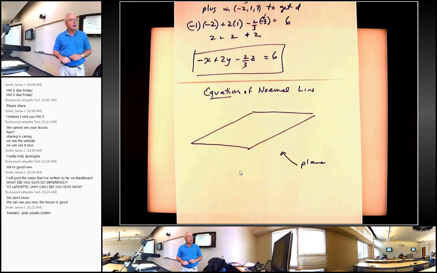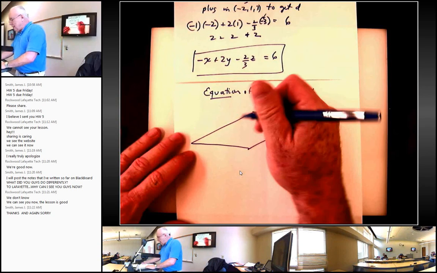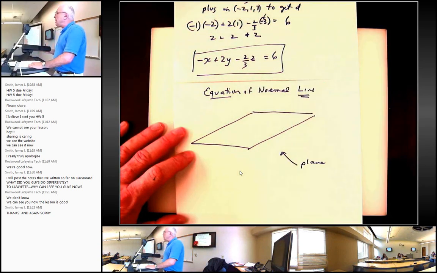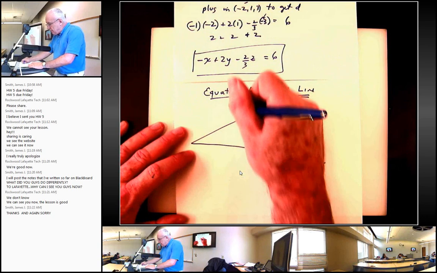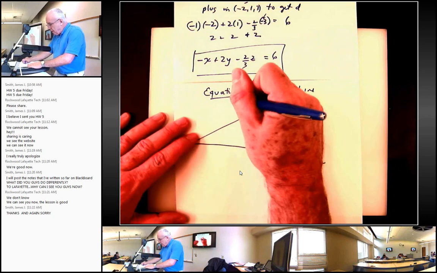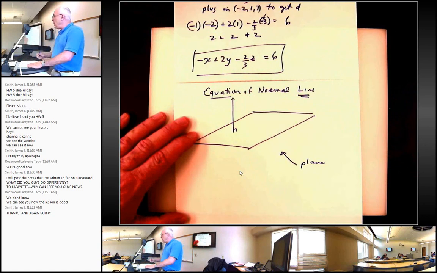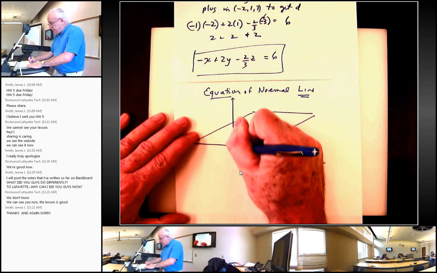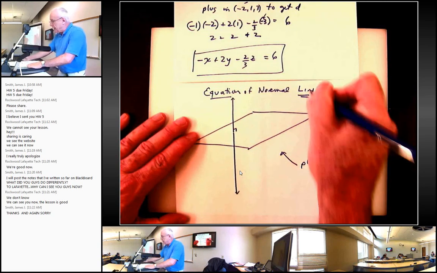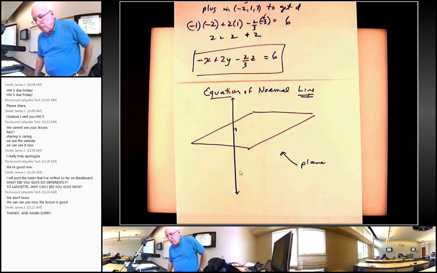So it stretches out to infinity in all those directions. The normal line, we're talking about a normal line here, not a normal vector. So a line here, it's going to be some line that intersects the plane at a right angle, and then, of course, keeps going. So we're talking about a line, not a vector, but it hits the plane at a 90-degree angle.